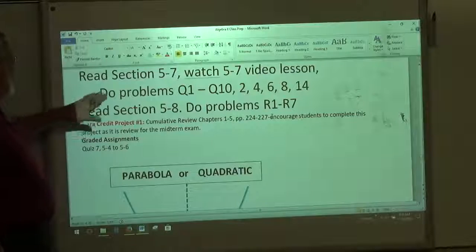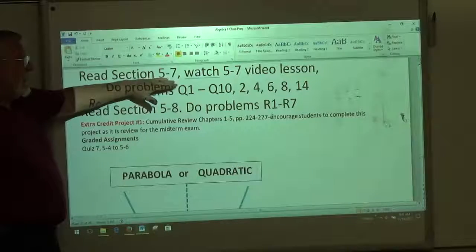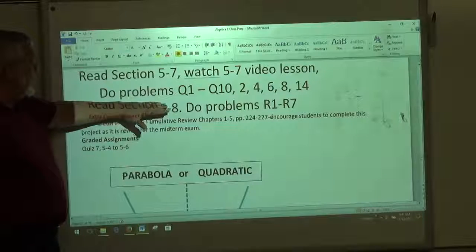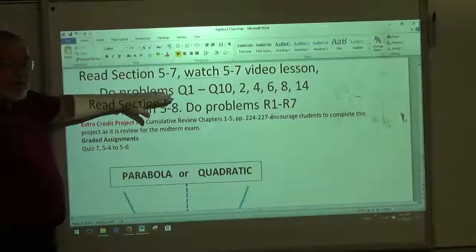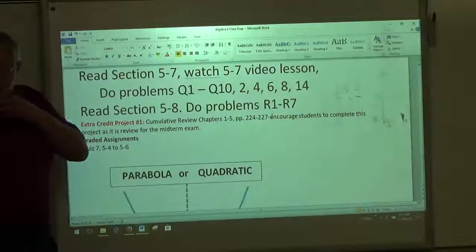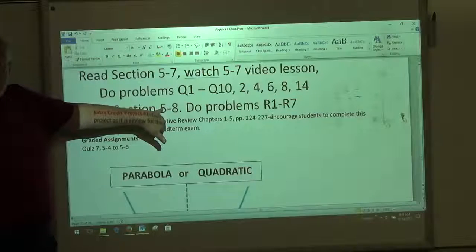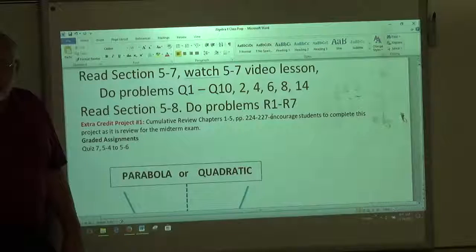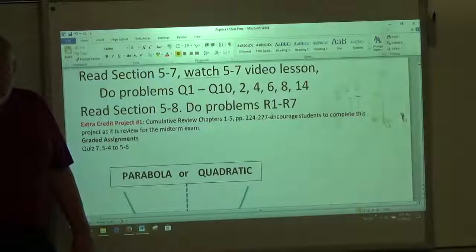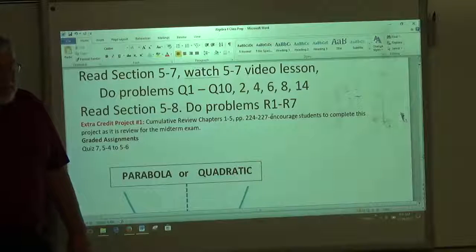Now, what we're working on for this week is section 5.7 and the review quiz for the end of the chapter. That's going to be 5.8, the review quiz, and then 5.9 is the cumulative review for chapters 1 through 5, which is going to be due on November 28th.